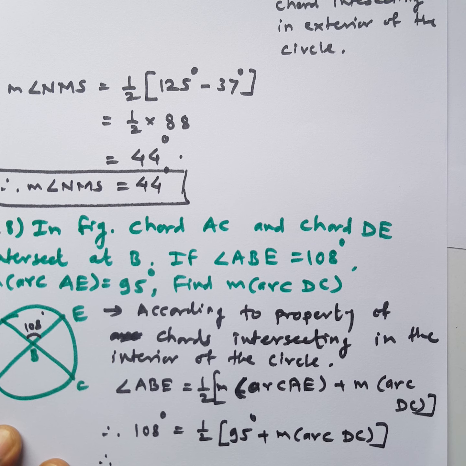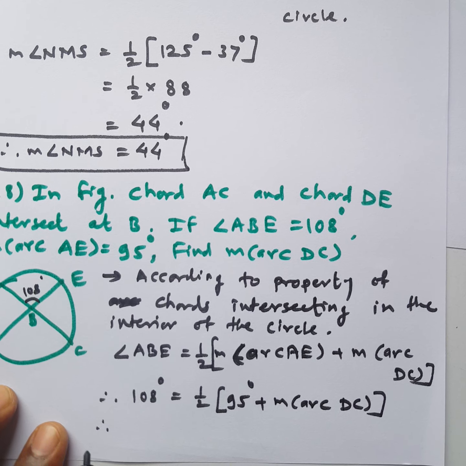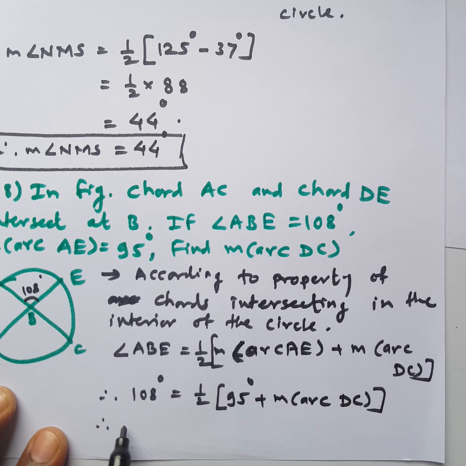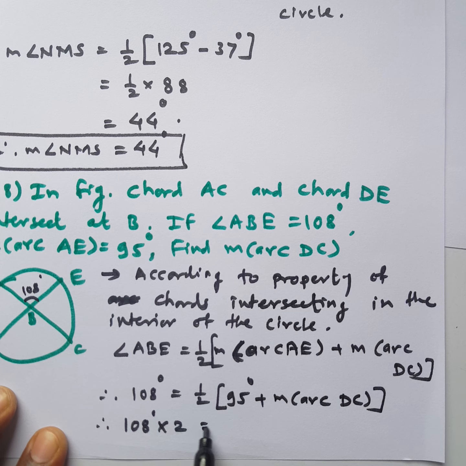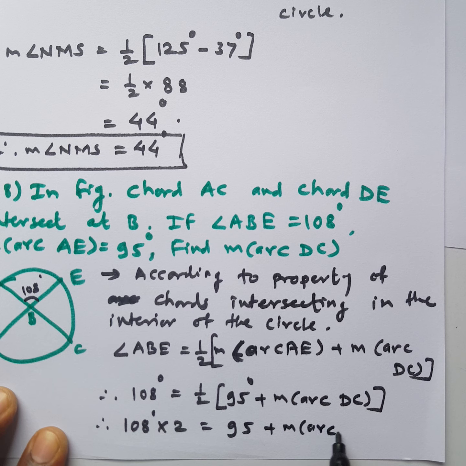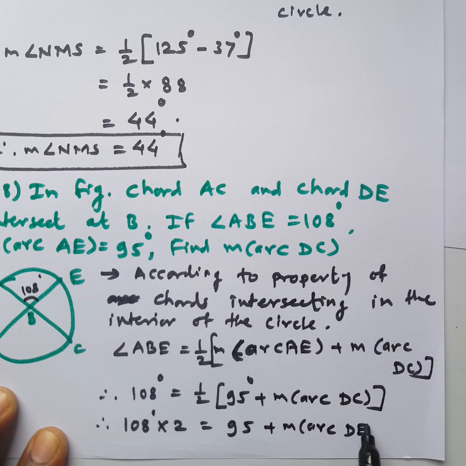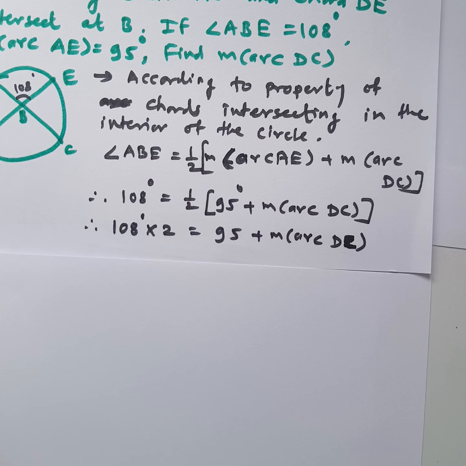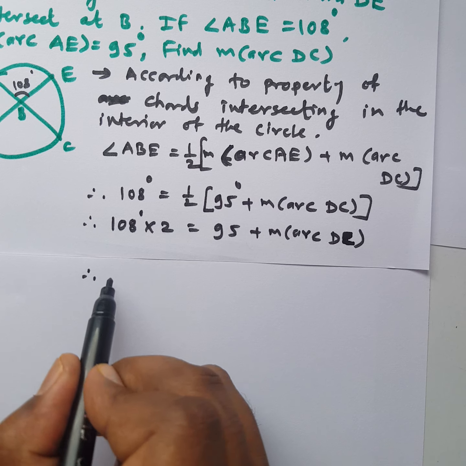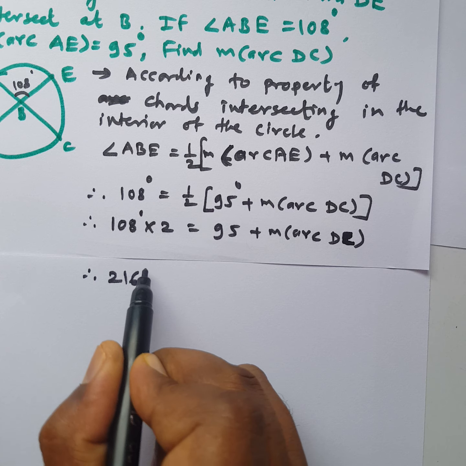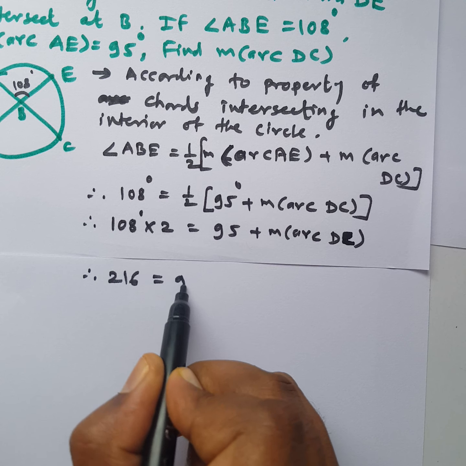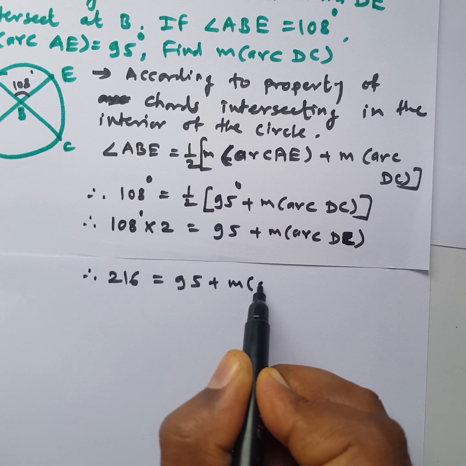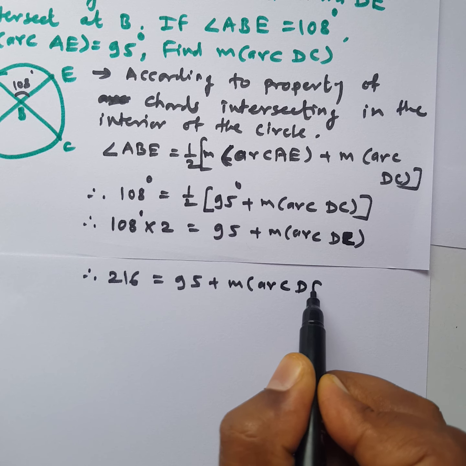Therefore, if we transfer 1/2 to the left side, it will be multiplied: 108 degrees into 2 is equal to 95 plus measure of arc DC. Therefore, 216 degrees is equal to 95 plus measure of arc DC.